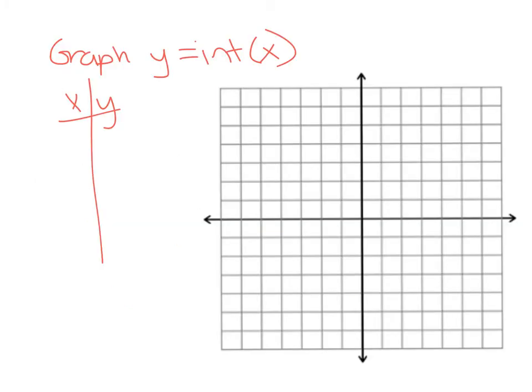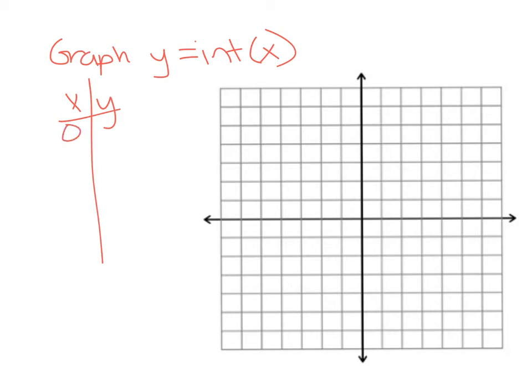So let's graph this. This is an interesting function. When I graph this, I'm going to choose a few values. I'm going to choose some positives, some negatives, some integers, and some non-integers, and then we're going to see if we can figure out the pattern. I'm going to start with a few positives and then we'll do some negatives next.